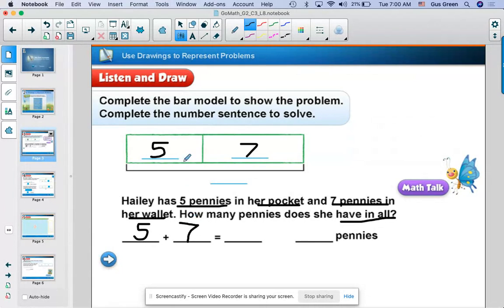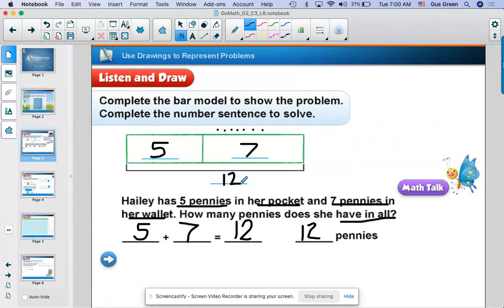For this one, I really like counting up. So I can put 5 in my head and count up 7 more times. 6, 7, 8, 9, 10, 11, 12. And I just keep track of how many times I counted. So 5 plus 7 is 12, which means she has 12 pennies all together, in all. And I can put the 12 up here as well.